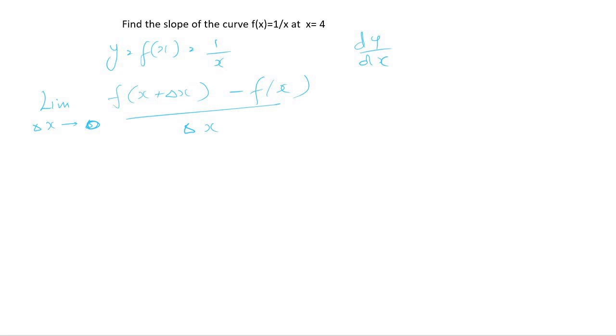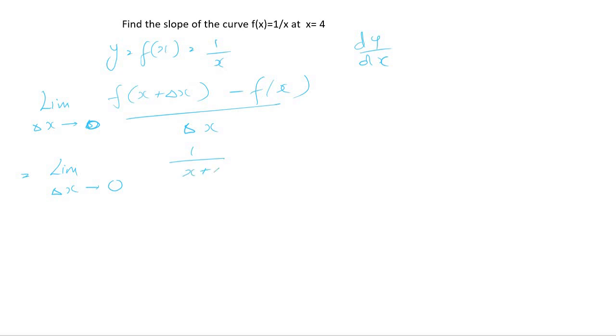So what we do is we substitute x plus delta x and subtract the function x, and divide it by delta x.